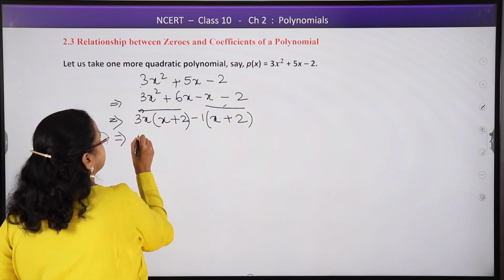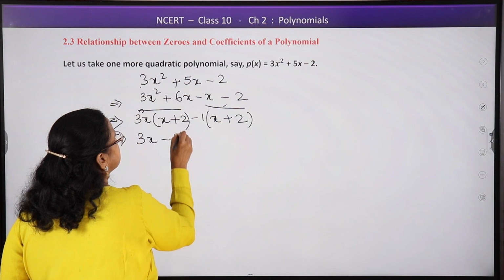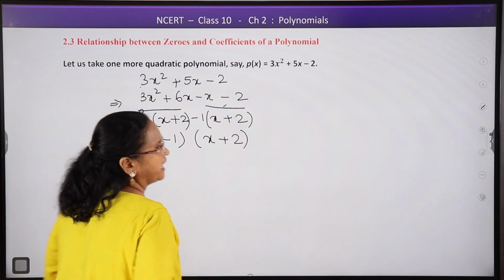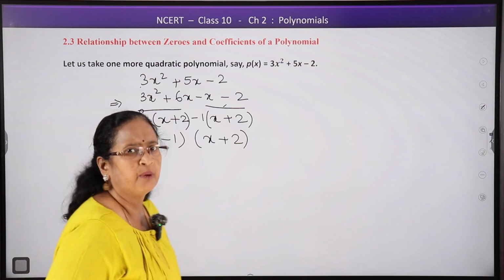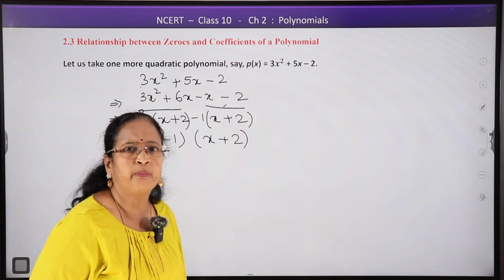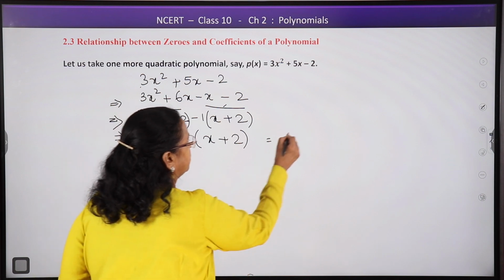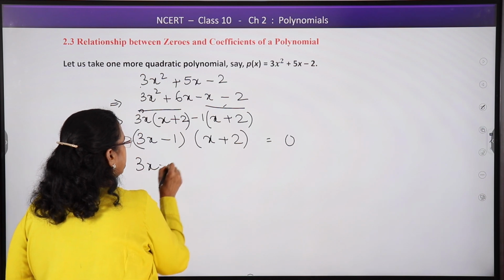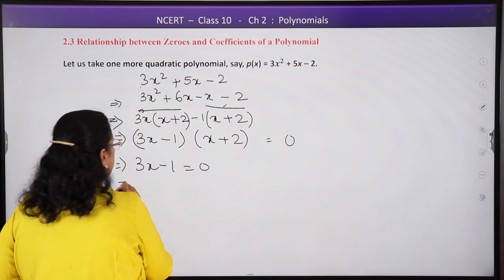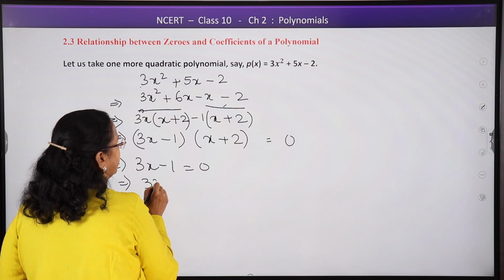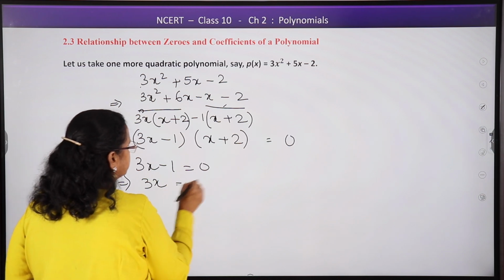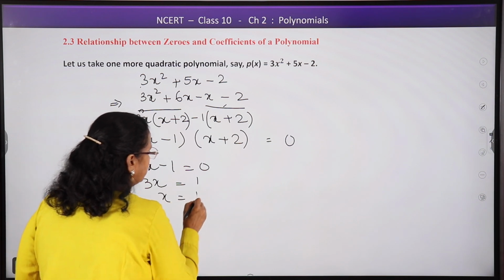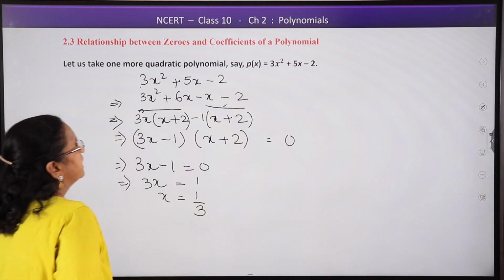That implies (3x minus 1)(x plus 2), because we are finding the zeros of the polynomial, solving the quadratic equation, we equate this to 0. Implies 3x minus 1 equals 0, implies 3x equals 1, x is equal to 1 by 3.